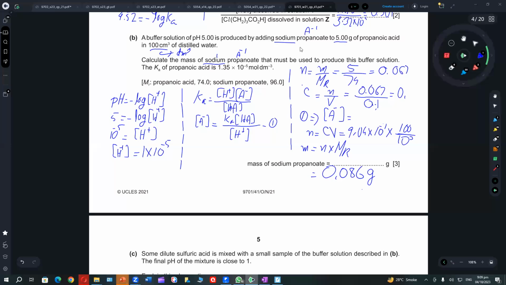Telling me the concentration is 0.67 and A minus is Ka into HA upon H plus. Ka, how much is K? It is 1.35 into 10 to the power minus 5.